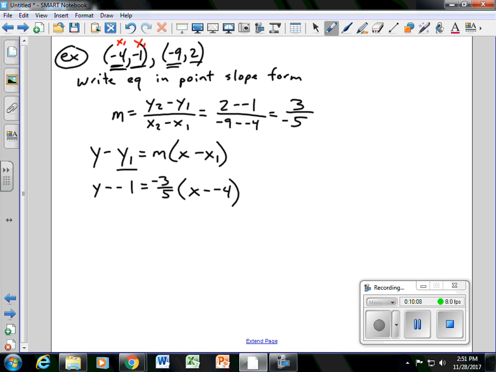And now I need to do a little simplifying. Minus the negative becomes plus. So I have y plus 1 equals negative 3/5 times x plus 4. Now you don't need to solve for y or anything like that because it said write the equation in point-slope form, which we've done.